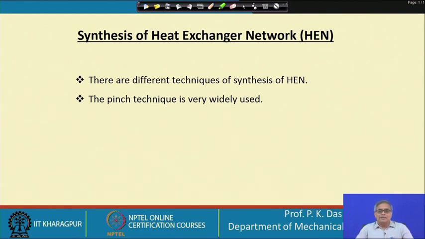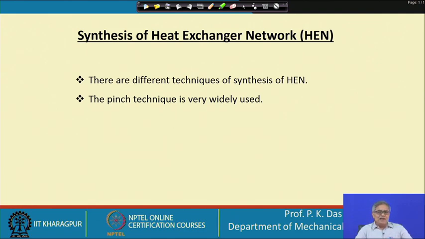So, one has to remember that basically what we are dealing with is an optimization problem. We are trying to minimize or maximize something. So, this is an optimization problem. There are many constraints, particularly when we are taking a practical power plant, practical process plant.